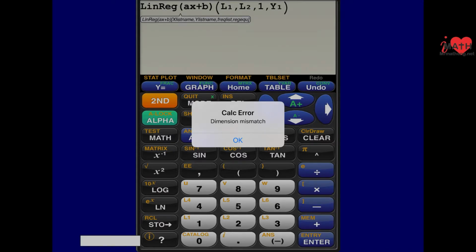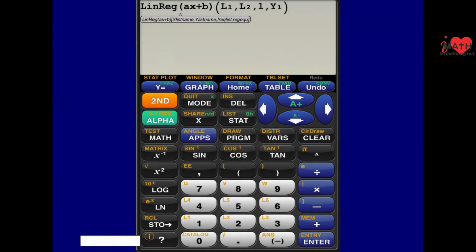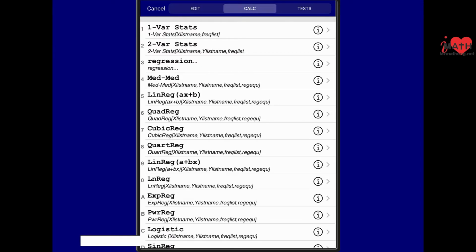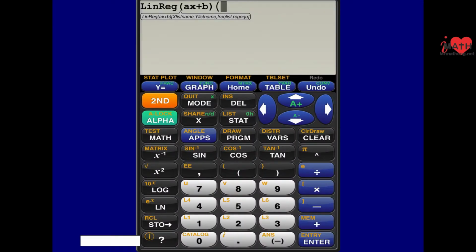Okay, dimensions mismatch. What does that mean? If you go back to your list, you may have seen it. I did not press enter in the last one, which means that my lists are mismatched. One's longer than the other. Okay, there it is. Try it again. And vars, Y vars.